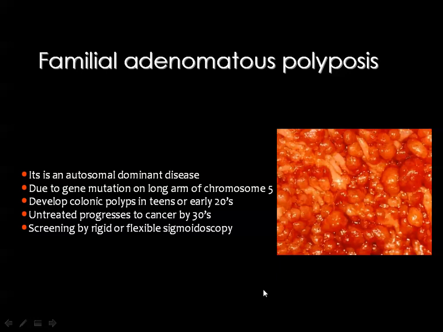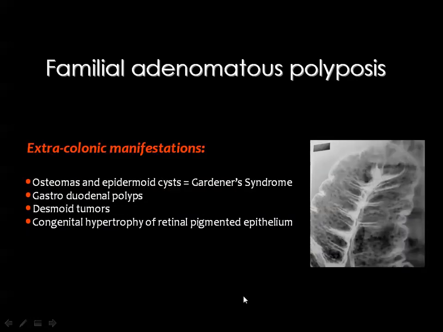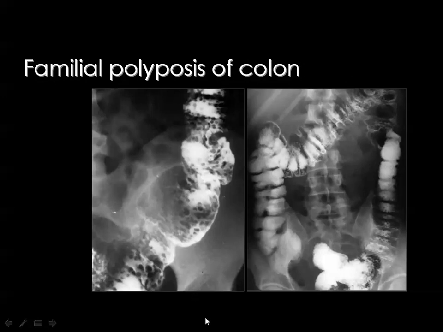And this familial polyposis is a precancerous condition with 100% risk of malignancy by the age of 30 years. Then if you look at the colon and you see too many polyps scattered throughout the colon, other polyps may be seen in the stomach or the duodenum. Also, desmoid tumors may be associated with this particular disease.